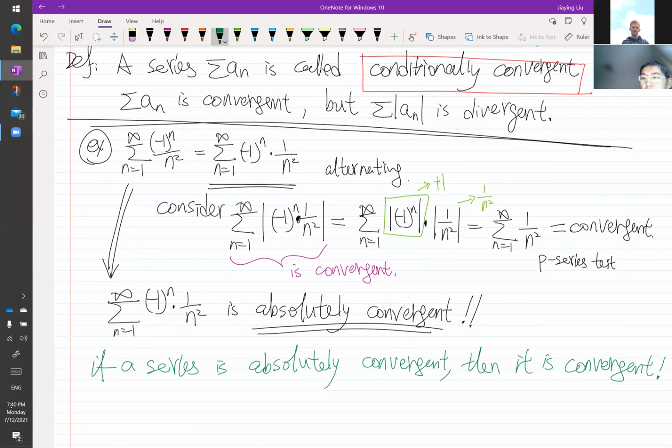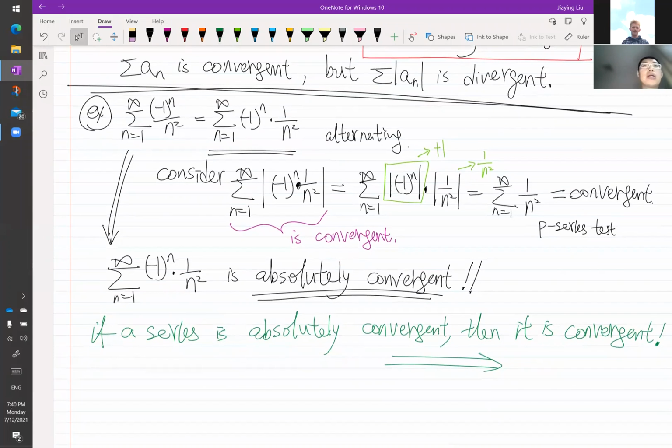If a series is convergent, doesn't mean it's absolutely convergent. So this implication goes in one direction. Absolutely convergent implies convergent, not the other way. So yes, this series is absolutely convergent and also convergent.